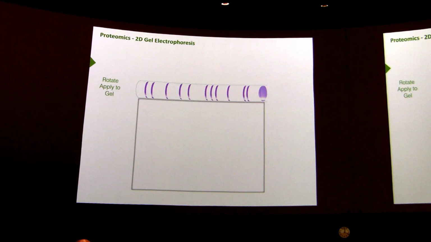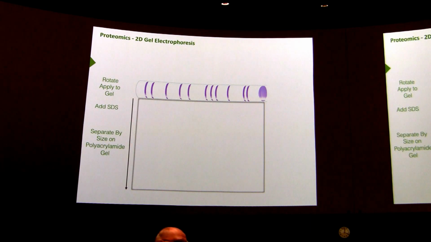Next, I take that tube that contains that separated batch of proteins. I treat it with SDS, because remember I didn't use SDS before. I treat it with SDS, and then I lay it on top of a polyacrylamide gel that has SDS in it as well. Okay?